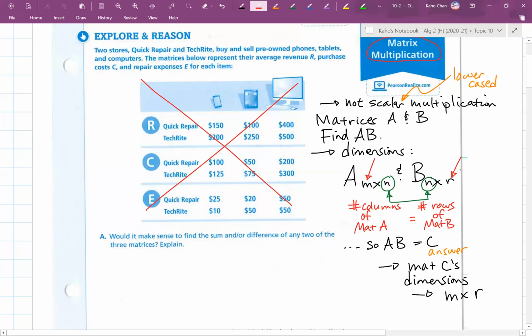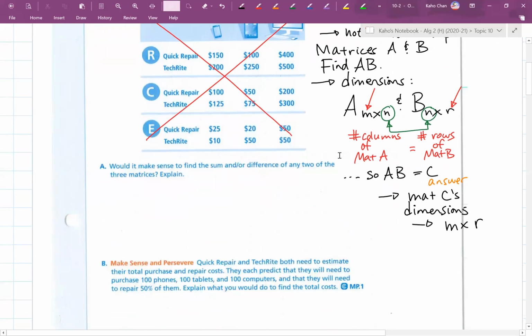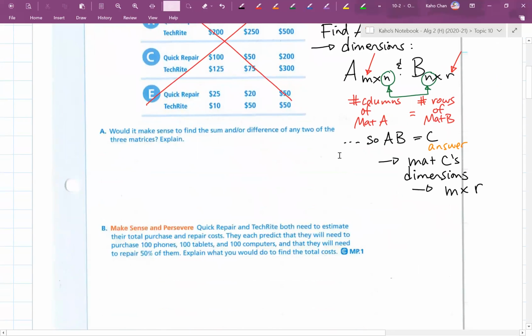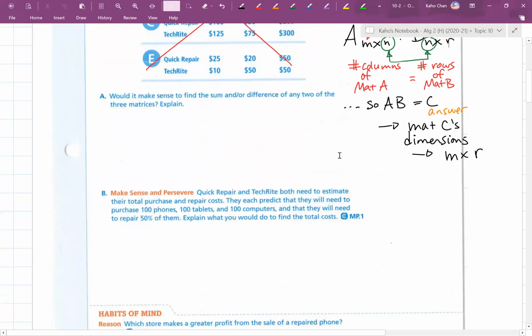M by r is the number of rows of matrix A by the number of columns of matrix B. Let me say that again. Matrix C is the number of rows of matrix A by the number of columns of matrix B. That's what I meant to say. Sorry, I might have misspoke there. Now, what does that mean?